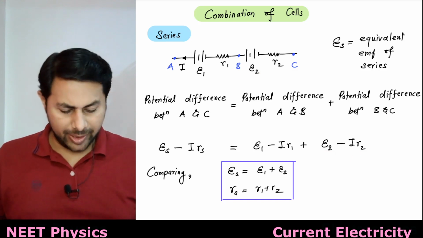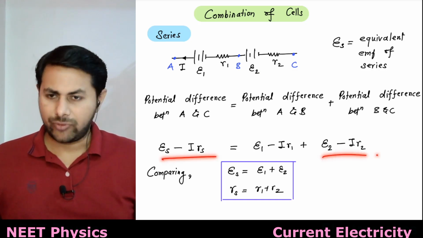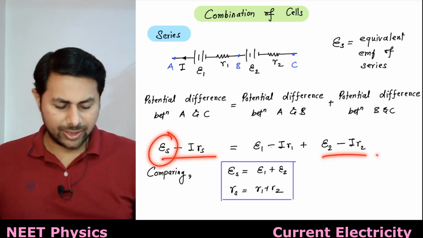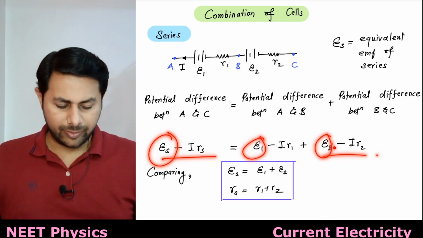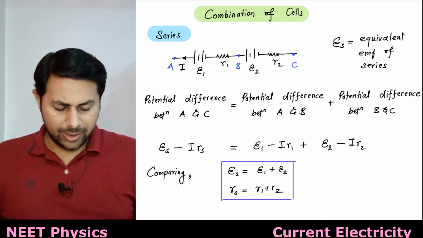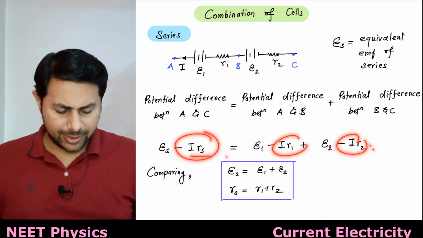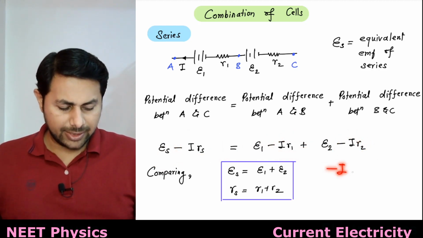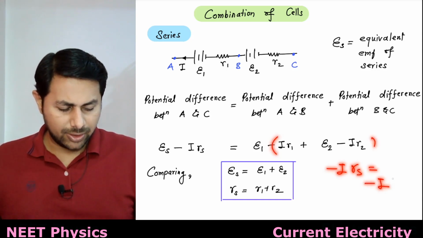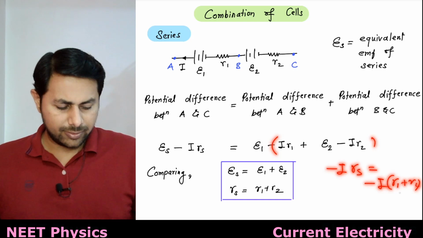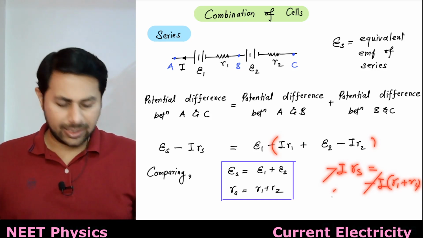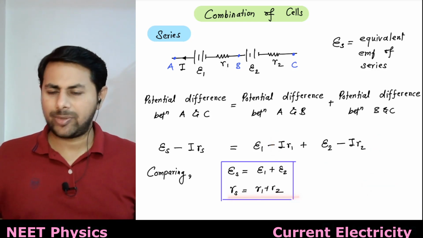Now if you compare this side with this side, the EMF is just equal to E1 plus E2. Then comparing the terms containing internal resistances, you get minus I times R_S is equal to minus I times (R1 plus R2), and that minus I gets cancelled out, so you get R_S is equal to R1 plus R2.